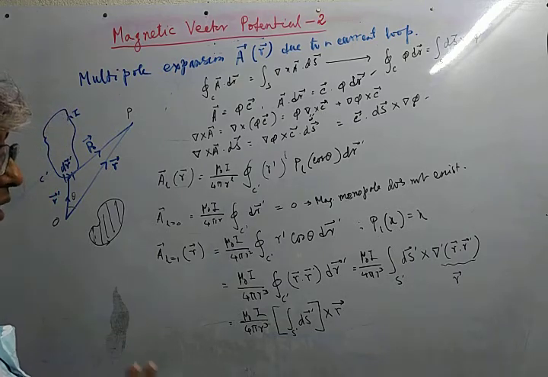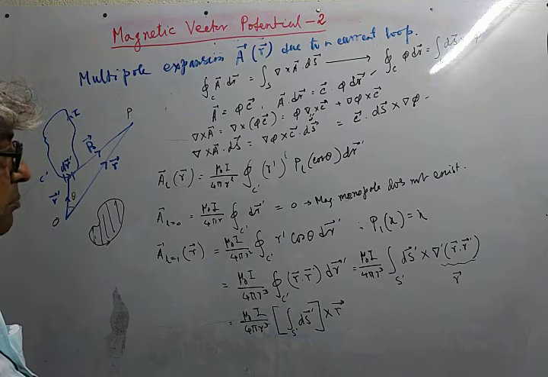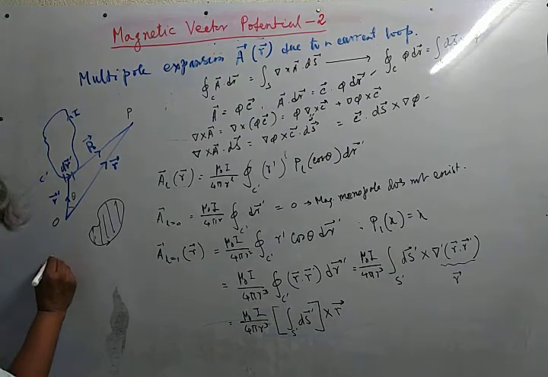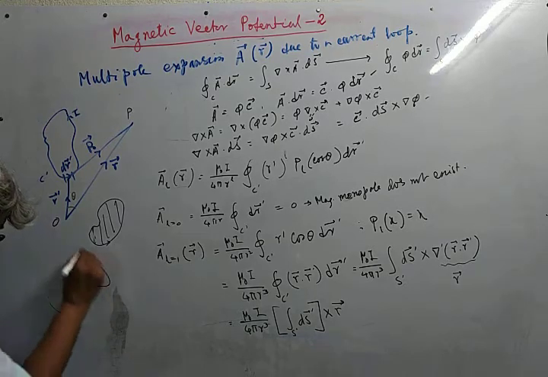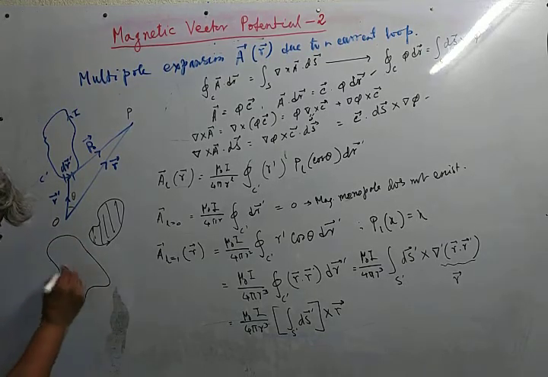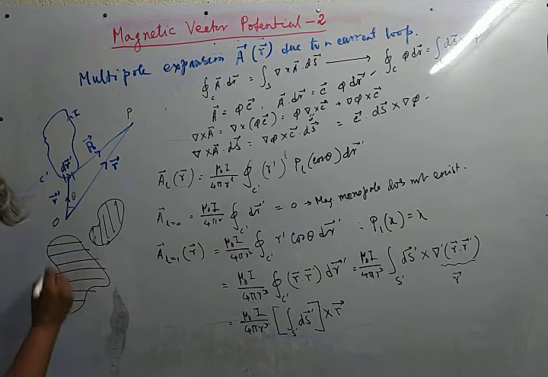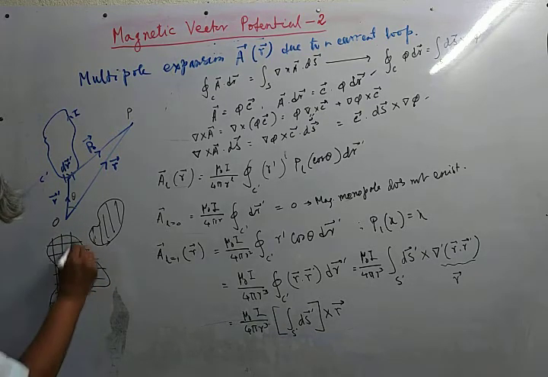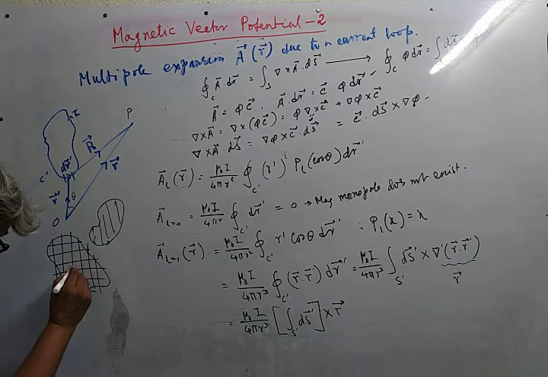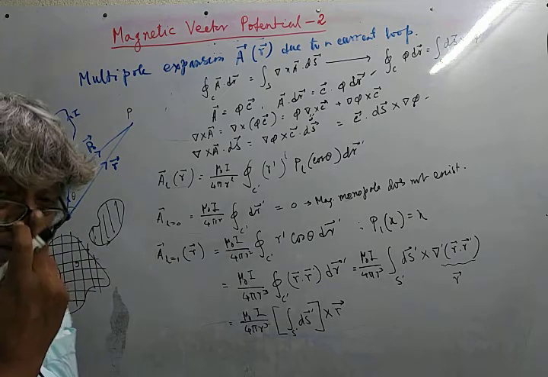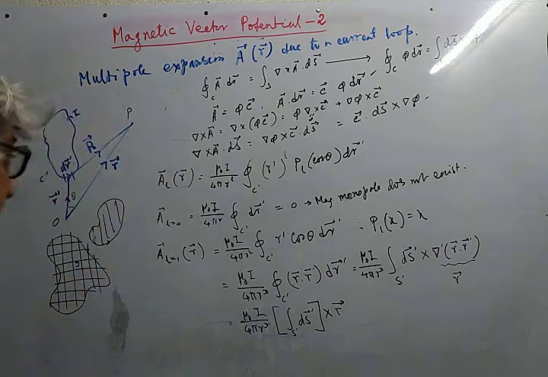The original loop may not lie in a plane, but we divide the entire loop, say lying on a curved surface, into a large number of pieces, and for each piece we consider an elementary area ds, which can be approximated to lie on a plane.